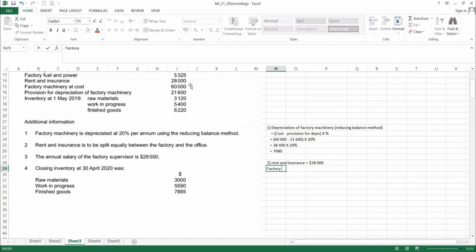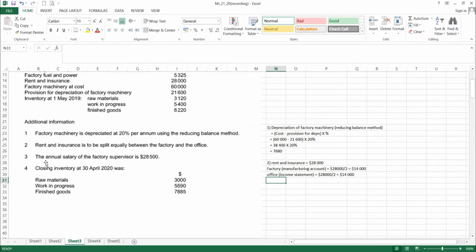Factory means the manufacturing account. Split equally means 28,000 divided by 2, so you get 14,000. The next one, office, means the income statement. So the income statement is 28,000 divided by 2, equal to 14,000. So this is the amount that we get.